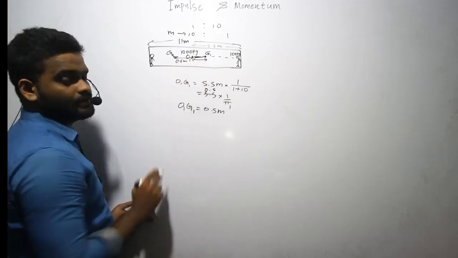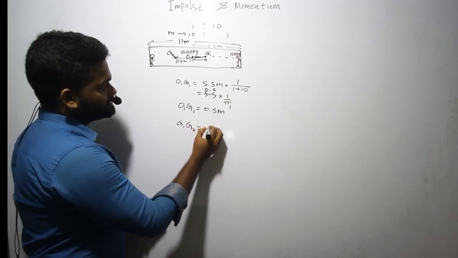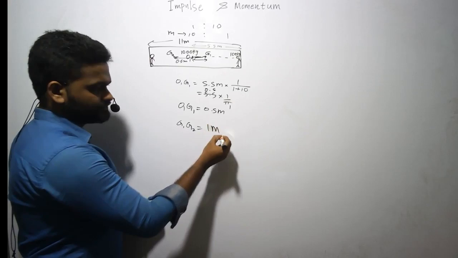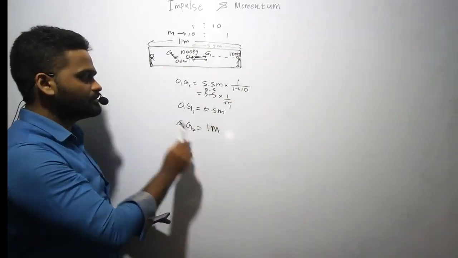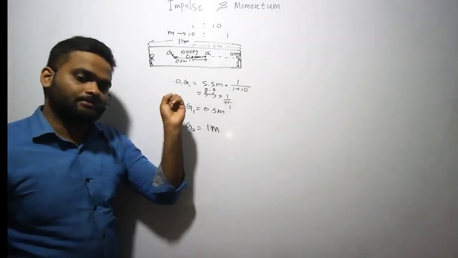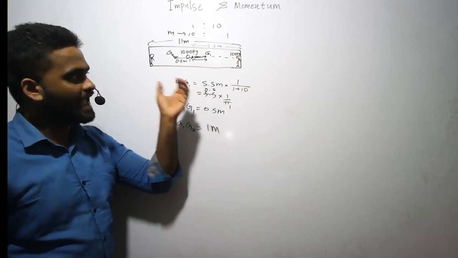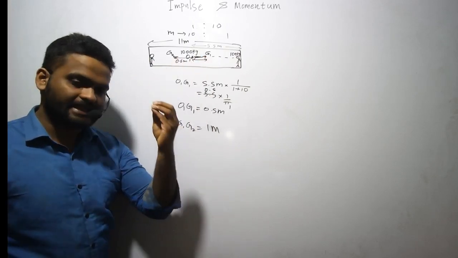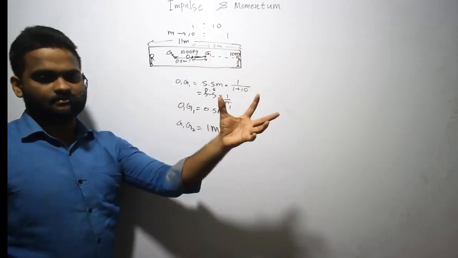0.5 plus 0.5. So the G1G2 distance is 0.5 plus 0.5, meaning 1 meter. G1G2 is 1 meter, right? So what does it mean? The center of gravity of the system has changed from here to here. So you know that the center of gravity represents the whole system, right?